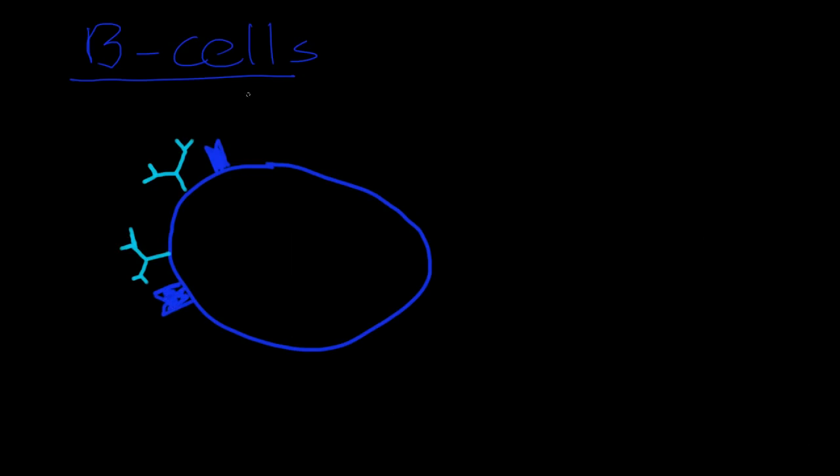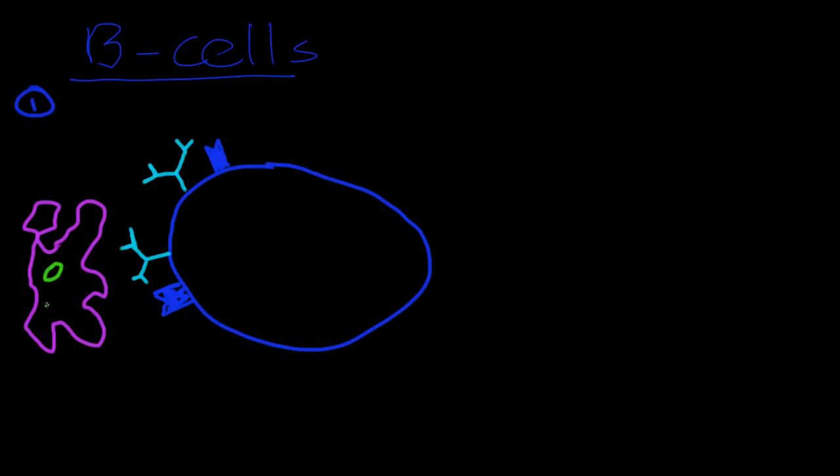Okay, so how does a B cell get activated? Well, the first step is a macrophage that has engulfed a bacteria and broken it up into its little pieces. It will come up to the B cell with a protein that matches the major histocompatibility protein.